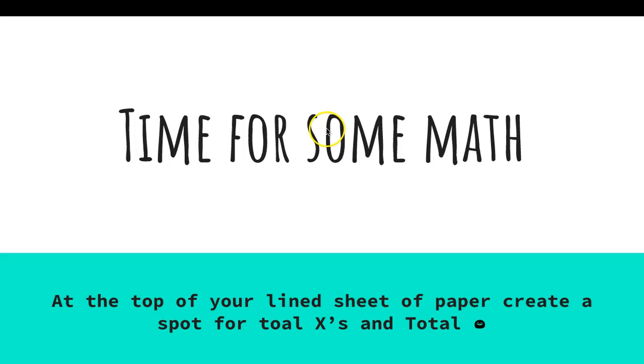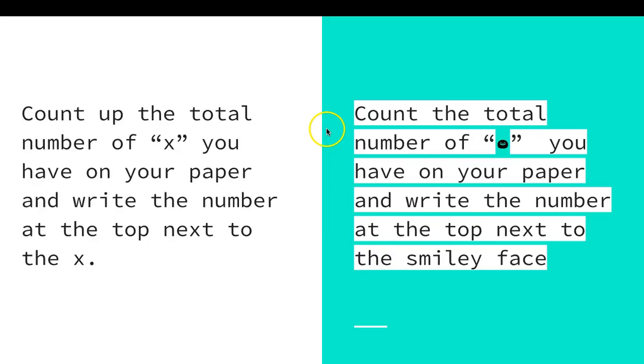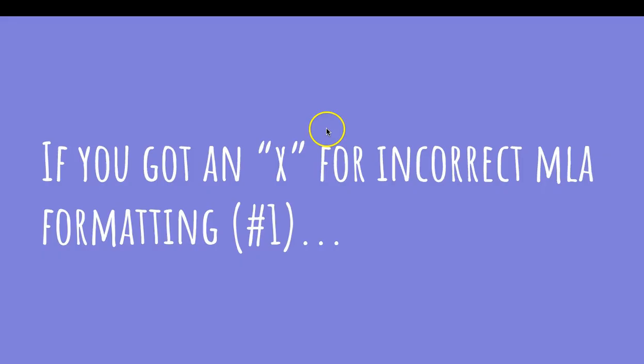Time for some math. At the top of your lined sheet of paper, create a spot for total X's and total smiley faces. Count up the total number of X's you have on your paper, and write the number at the top next to the X. Count the total number of smiley faces you have on your paper, and write the number at the top next to the smiley face.